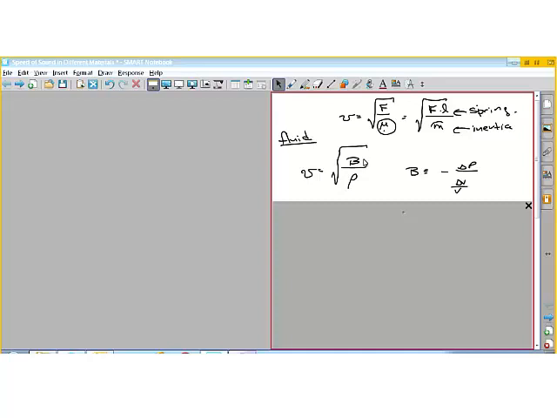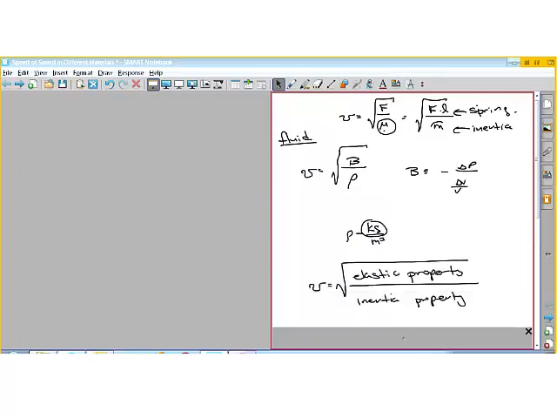And the B number is equal to negative how much the pressure changes for a given change in volume. So V is volume. It's a change in pressure per change in volume relative to the actual volume. So this is like percent change in volume. Change in pressure per percent change in volume. And that's kind of like a spring constant type arrangement.